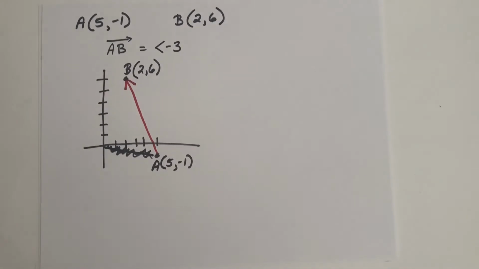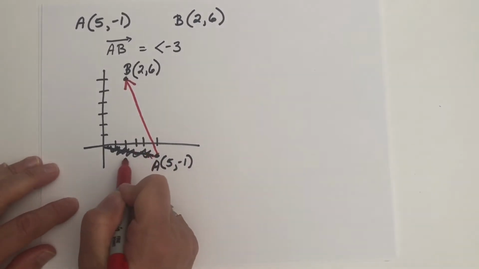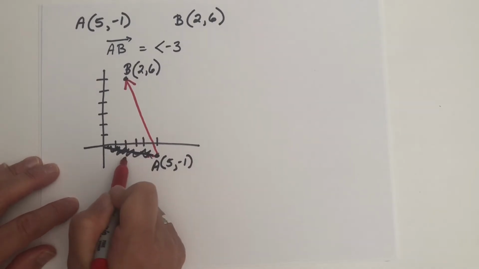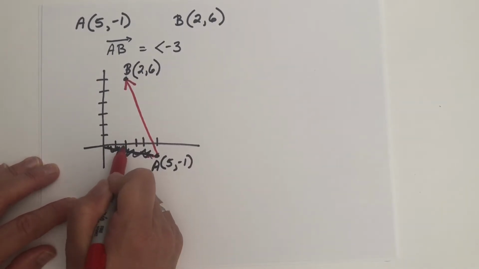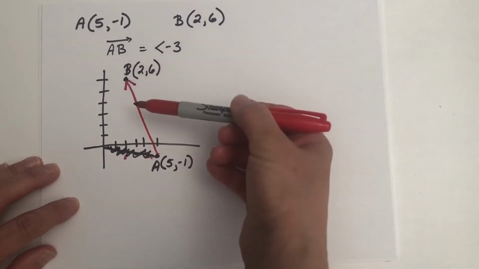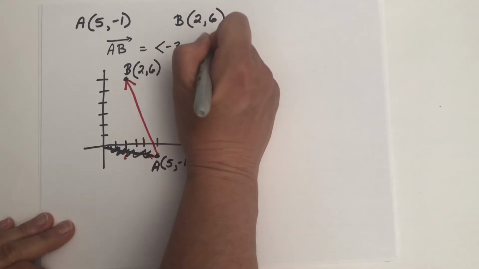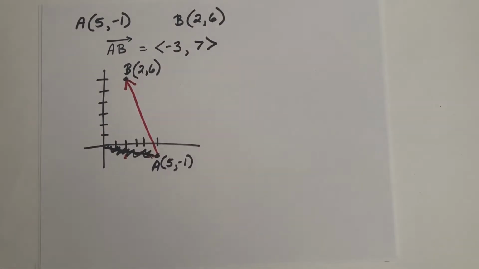And the y component now is the distance from -1 all the way up to 6. That distance is 7. So the vector AB is ⟨-3, 7⟩.